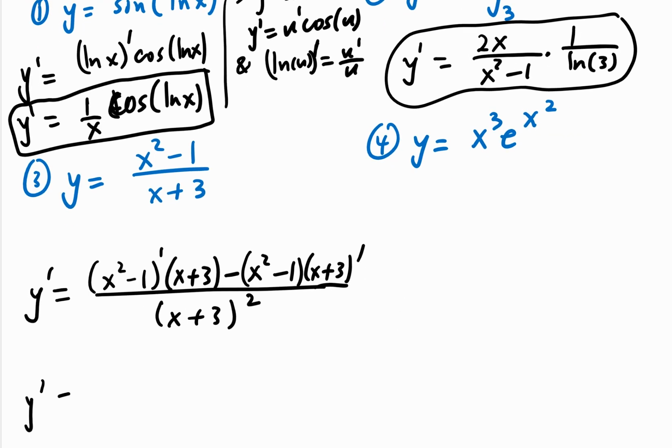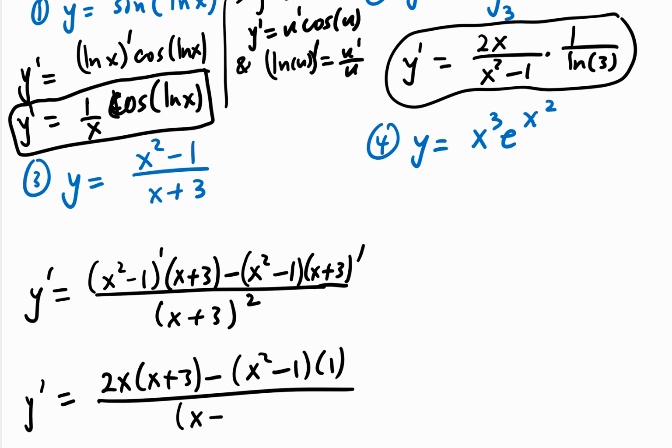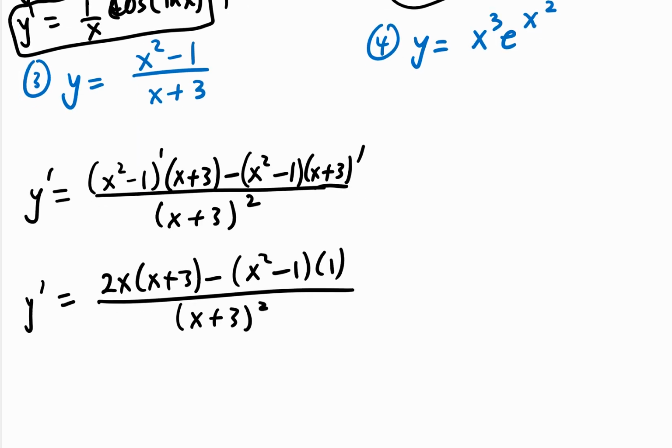Then y prime would be 2x times x plus 3 minus x squared minus 1 times 1, all divided by x plus 3 squared.